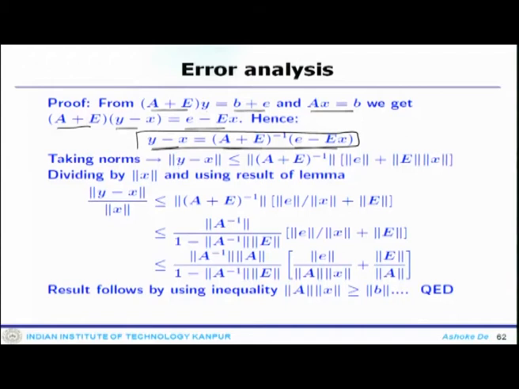Now, taking the norm of y minus x, it must be less than, as the inequality says, the norm of A plus E inverse, times the norm of epsilon plus the norm of E times the norm of x. Now, you divide that by the norm of x, so the inequality stands and the complete one is divided by x, and if you do the real algebra you can prove that this happens.